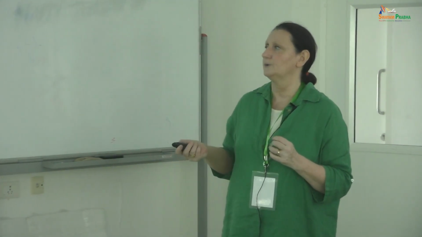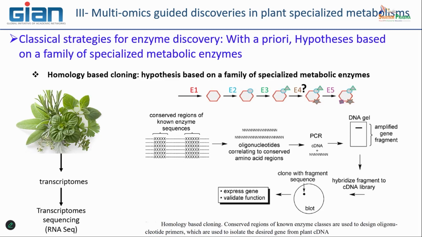These short sequences are very interesting because they can be used to design specific oligonucleotides for PCR, polymerase chain reaction, in order to amplify, in your own cDNA library that comes from transcriptome analysis, genes that have this type of conserved sequence in the enzyme family.